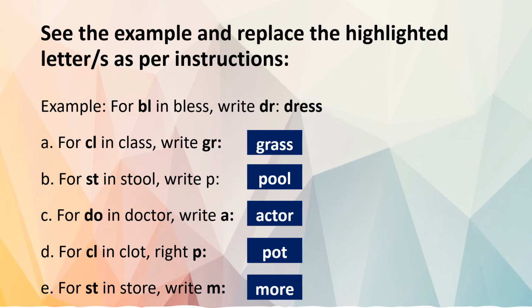So when we added the new letters in place of the given letters, we got new words: class, grass, stool, pool, doctor, actor, cloth, pot, store, move. Yes? So we'll move to the next one.